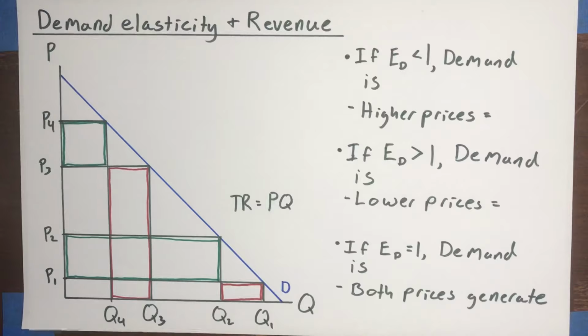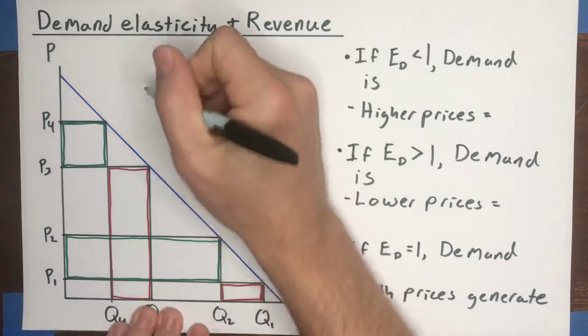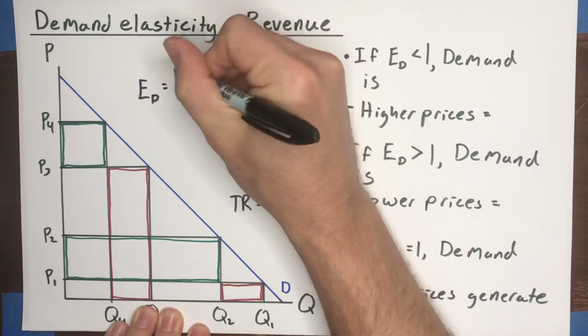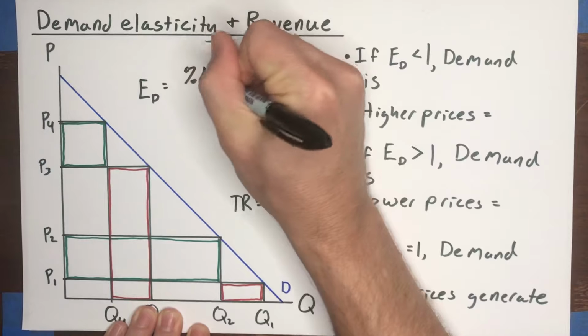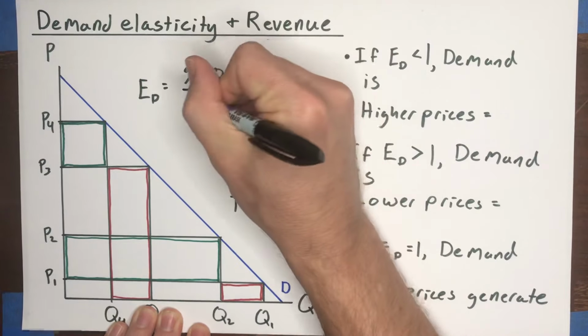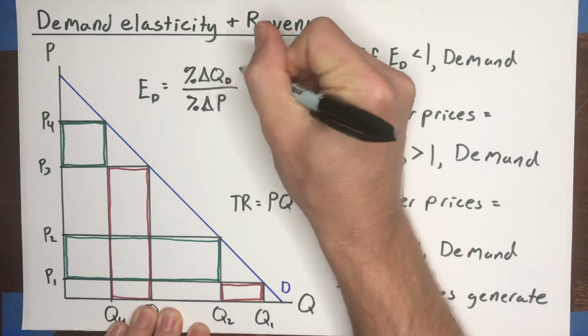What's going on there? Well, it all comes down to elasticity of demand. Remember, the definition of elasticity of demand is the absolute value of the percentage change in quantity demanded divided by the percentage change in price.